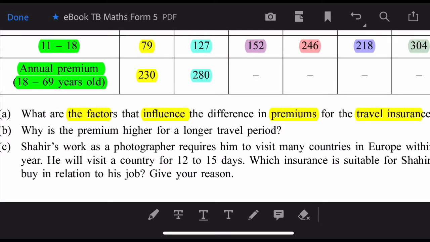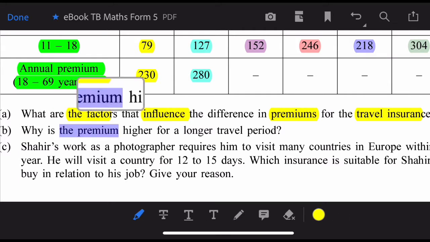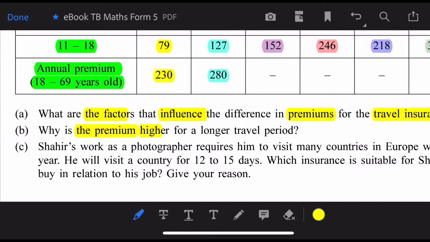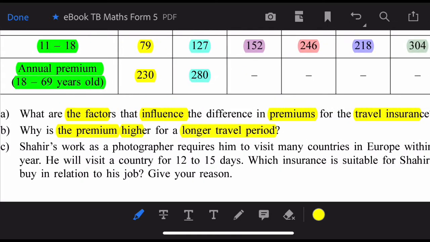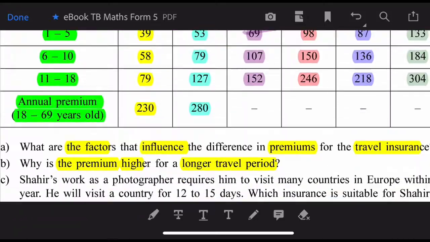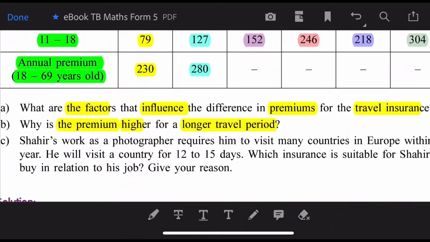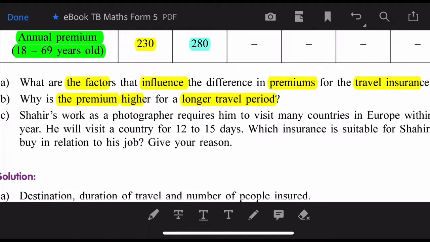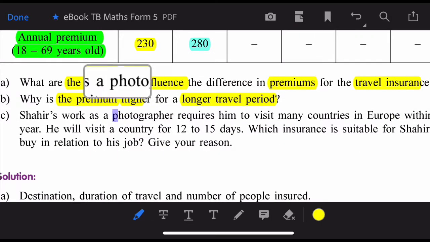For number 2, why is the premium higher for a longer travel period? When the number of days increases, the premium will be higher. And then Shahriar works as a photographer, which requires him to visit many countries in Europe within one whole year.